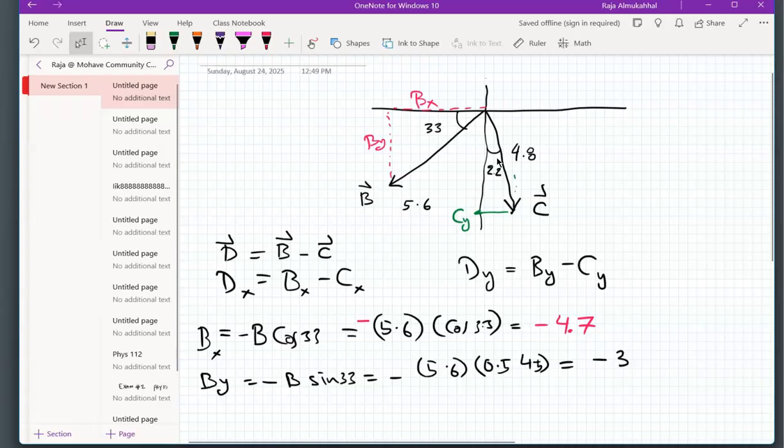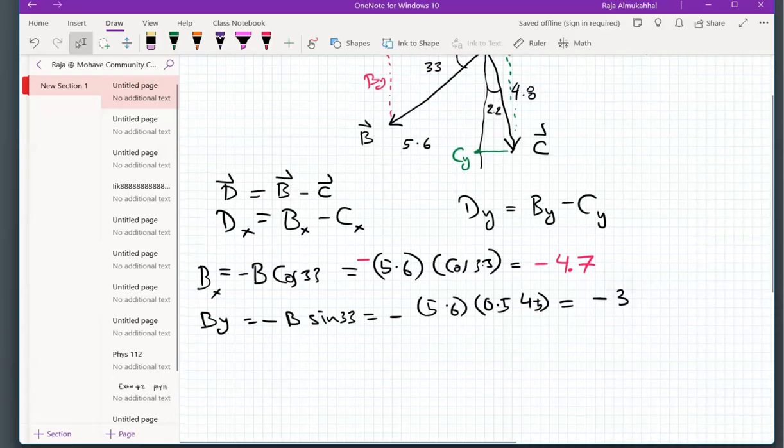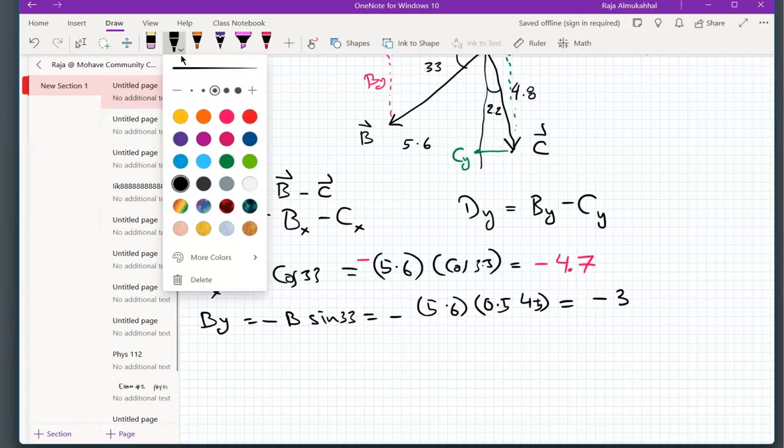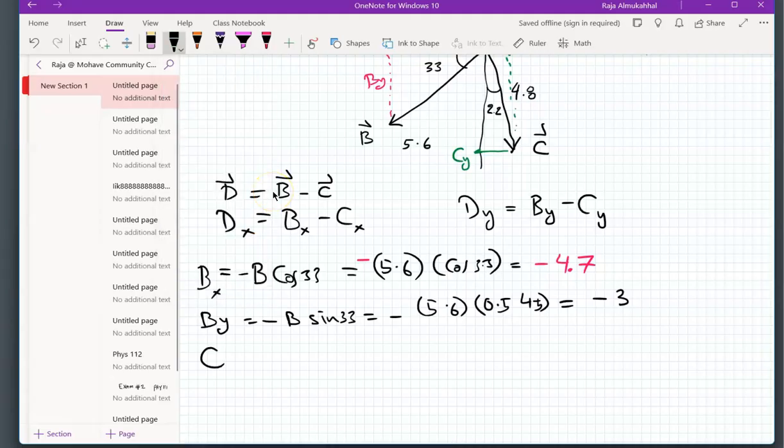However, notice that C sub x is this one here, and that will be positive because this is the positive side of the x-axis. Keep that in mind. So in this case, we will have C sub x equal to 4.8.